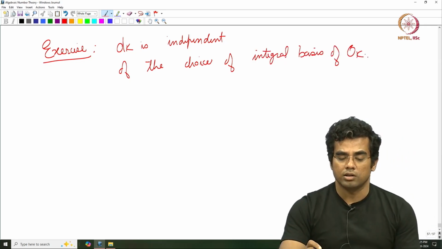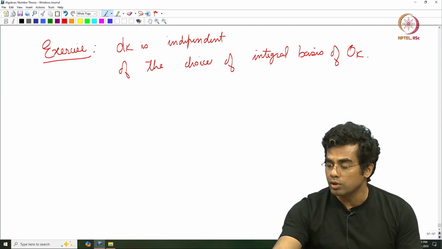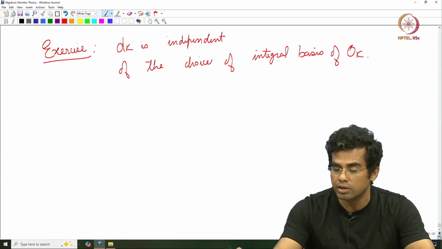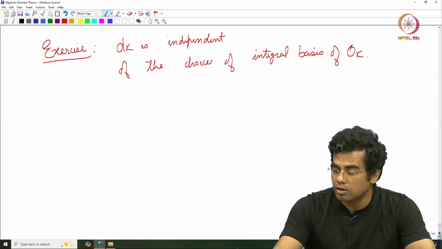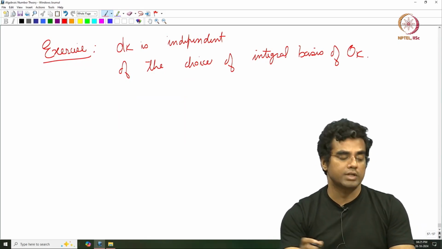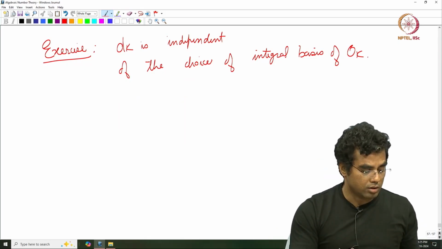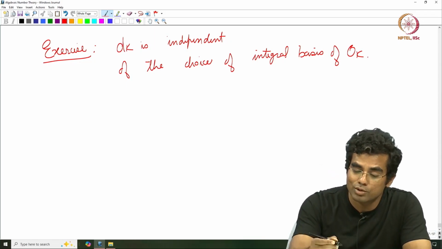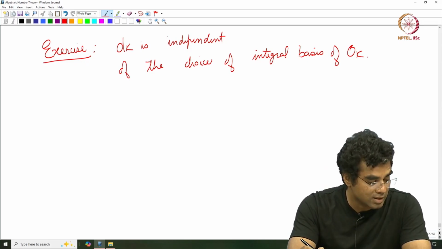So, this is an exercise that if you do, this proof will become transparent. You should really do this exercise; it is an exercise in linear algebra over Z. It is nothing complicated, and since algebra is a prerequisite for this course, I can leave this as an exercise.